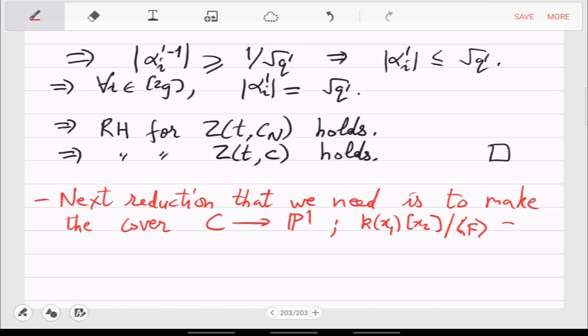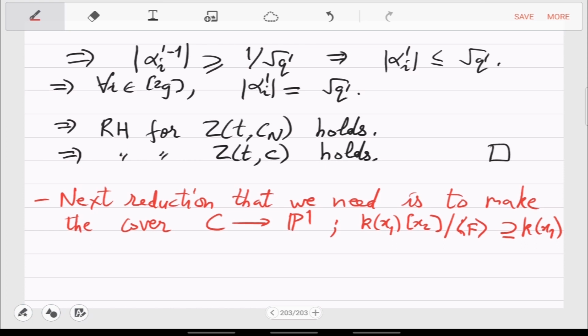Contains k(x1). So there is an arrow from the curve to the line, and there is an arrow from the function field k(x1) to the function field of the curve, right?